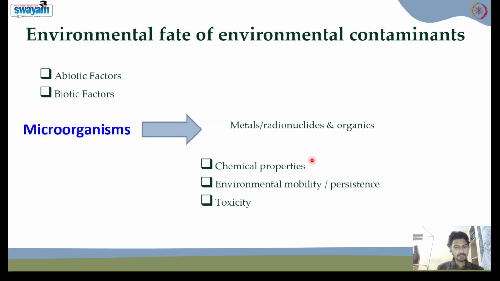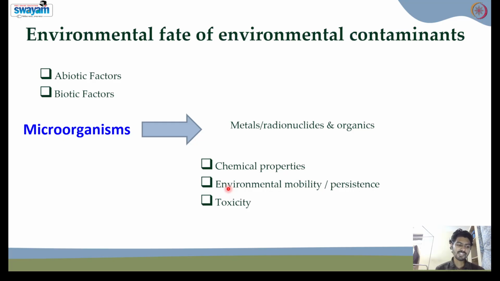For example, we can take chromium 6 plus. Its oxidation state is 6 plus. This chromium 6 plus is very toxic even in a very low amount, that is, in the millimolar range.